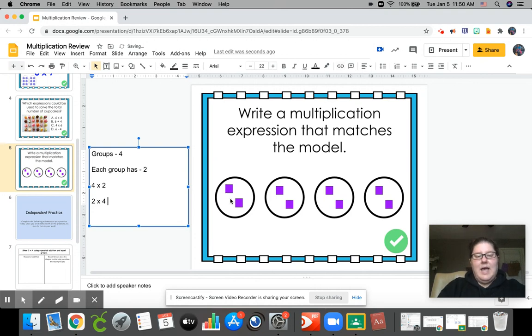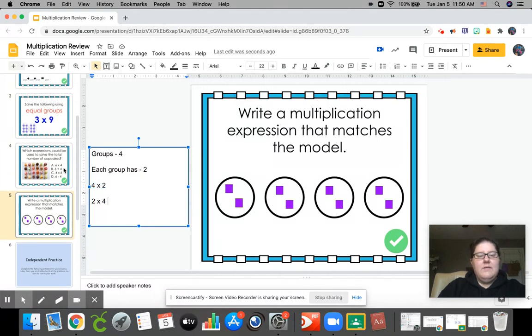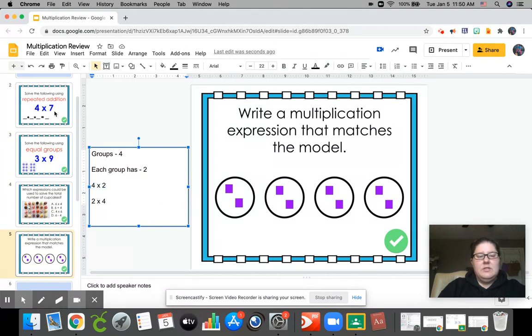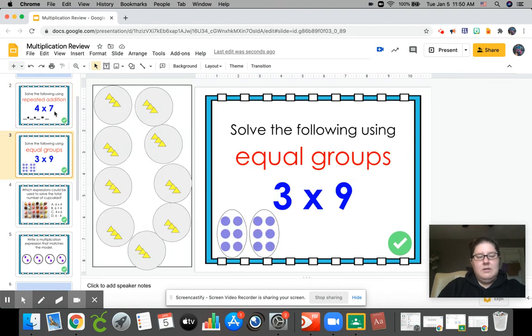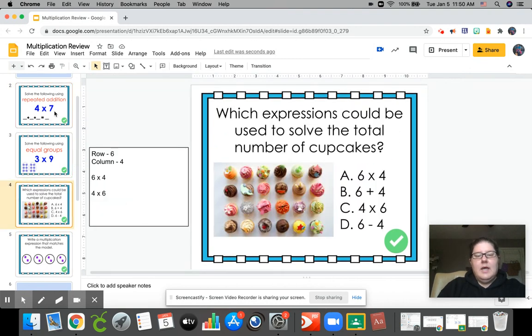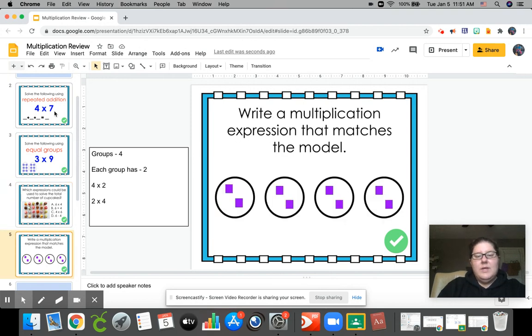But since we're looking at how many groups and how many are in each group, you probably have gotten that 4 times 2. Okay? So now you have got a lovely review of the multiplication with repeated addition, equal groups, rows and columns, which we call array models, and with making expressions using the model.